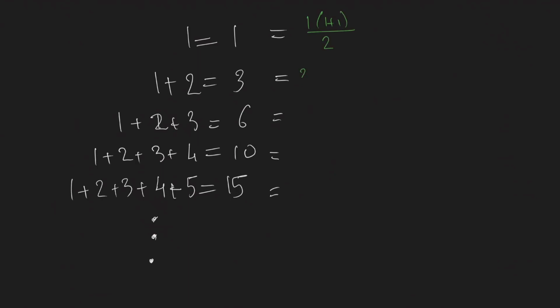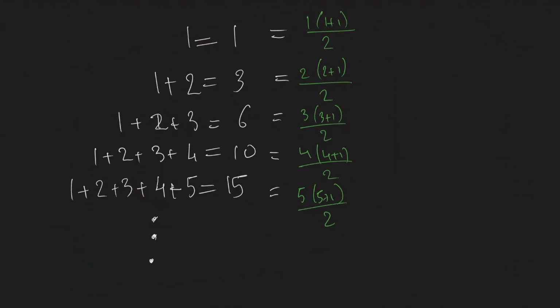I can write 3 as 2 times (2 plus 1) over 2. And I can do the same with these numbers: 4 times (4 plus 1) over 2 and 5 times (5 plus 1) over 2. And on this data set goes. So we have some data here. And now you might have observed a pattern in this data set.